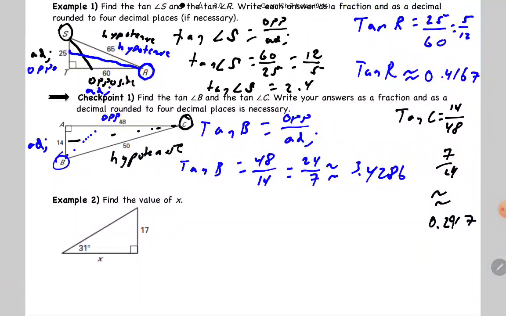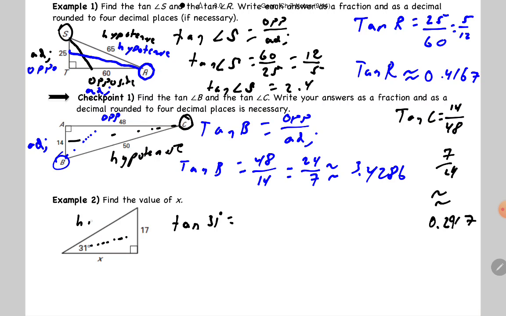Alright, find the value of x. They give us an angle, and since we're learning about tangent, we're going to use tangent. So tangent of our angle, 31 degrees, is equal to the opposite side.